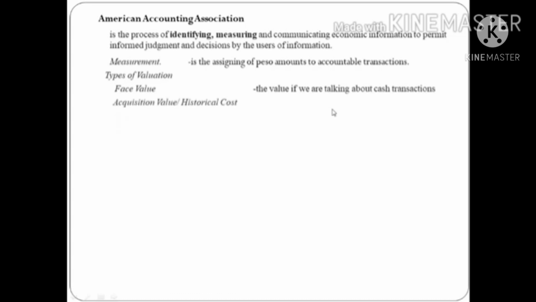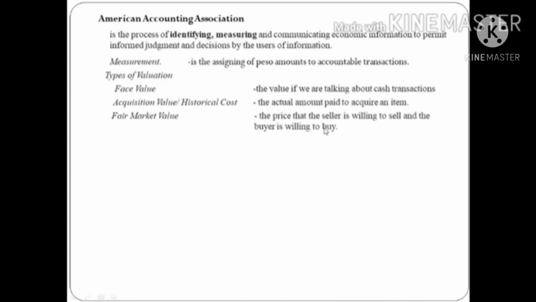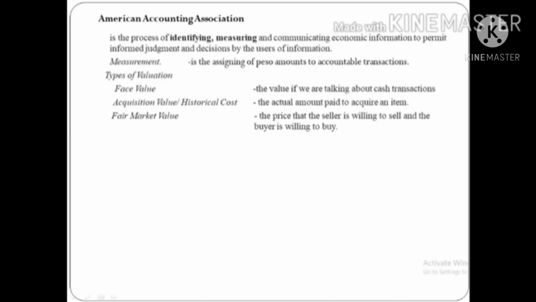Another is, if the transaction is related to acquiring an item or an asset, the transaction should be measured at acquisition cost or historical value, which is the actual amount paid to acquire an item. We also have the fair market value, which is the value where the seller's and the buyer's minds meet. Actually, it is the price that the seller is willing to sell and the buyer is willing to buy.